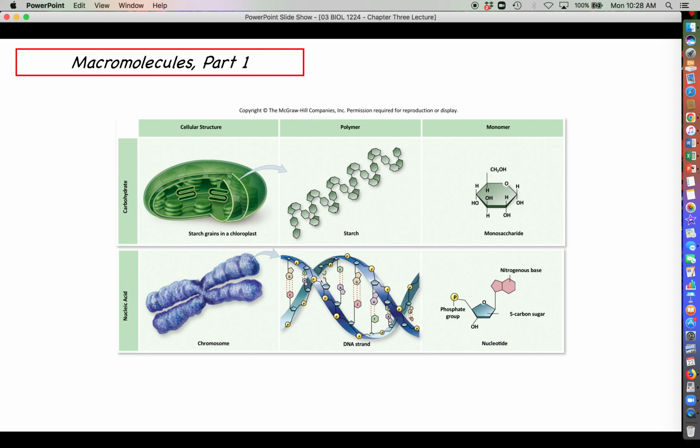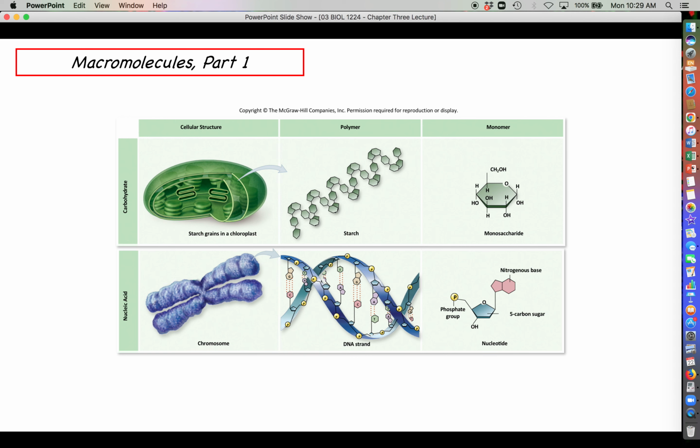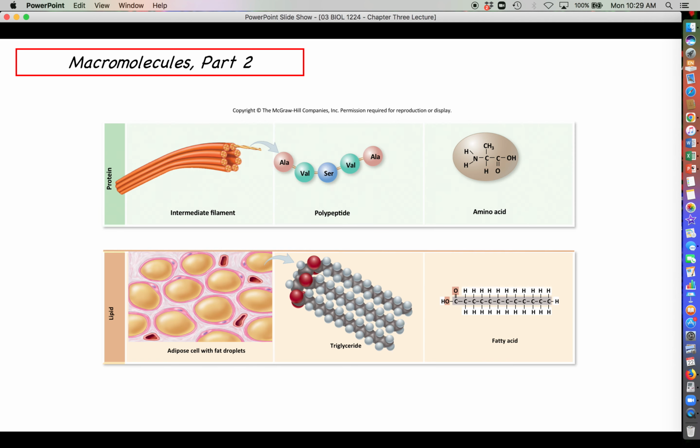So if we compare and contrast carbohydrates and nucleic acids, they're similar in the way that they are built by sticking monomers together to build a polymer, but they are very different from each other in the sense that the monosaccharide monomer is very different from the nucleotide monomer. So carbohydrates are polymers built by attaching monosaccharide monomers together, and nucleic acids are polymers built from attaching nucleotide monomers together.